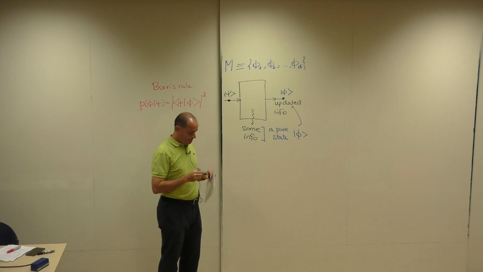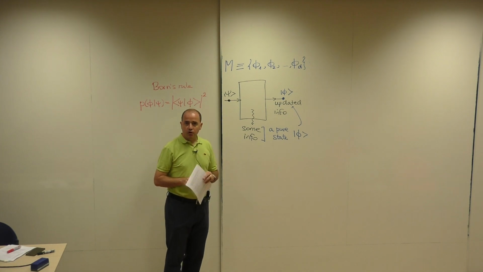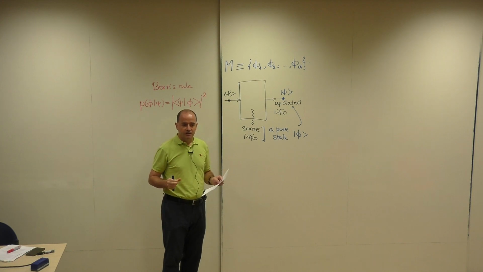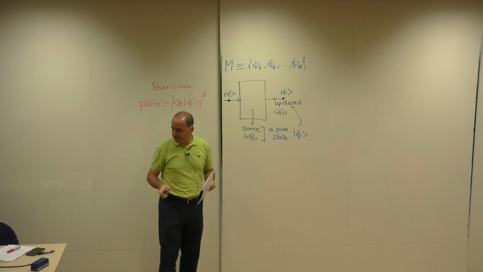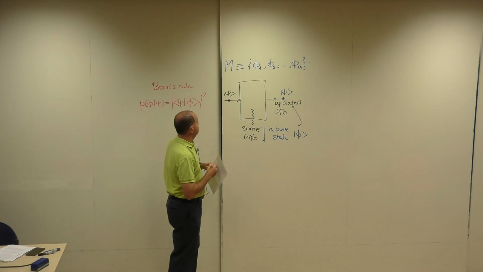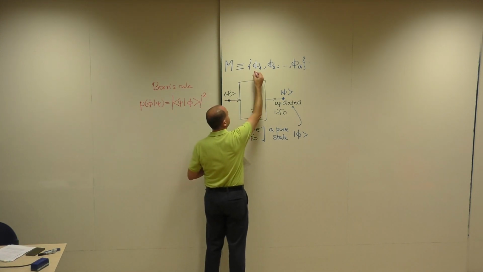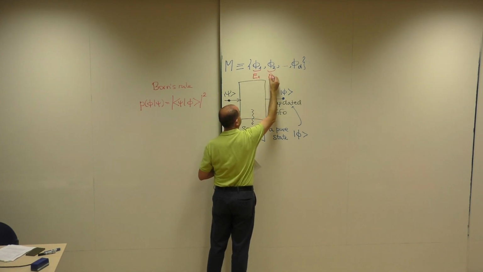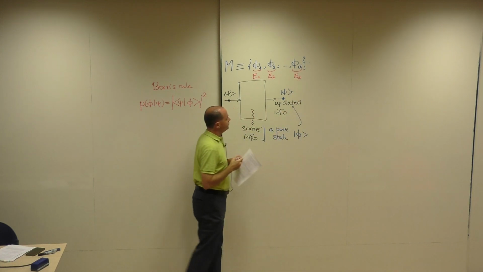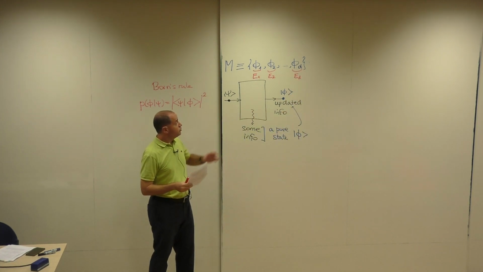Now, very often, although again I repeat, not always, a measurement is a measurement of a physical quantity. Like if you want to measure the energy, and you find that, for instance, this state is a state of energy E1, this state is a state of energy E2, this state is a state of energy E3.